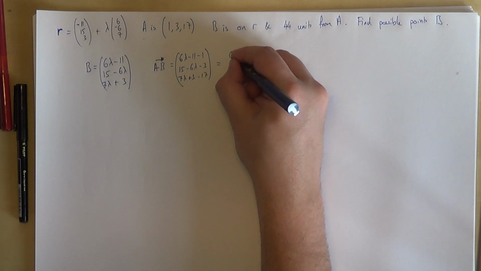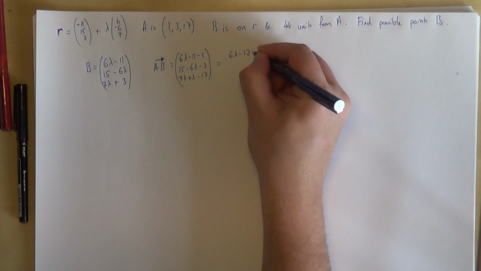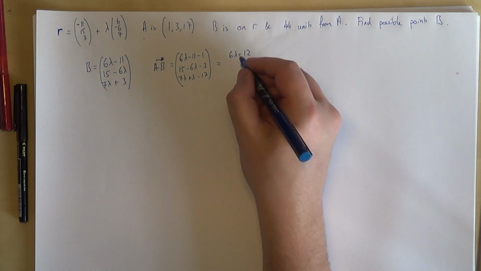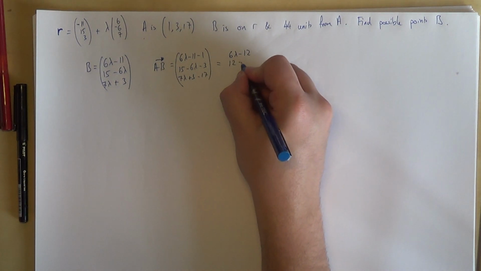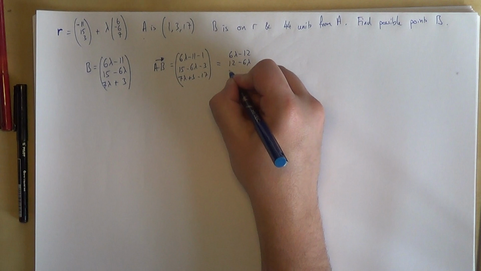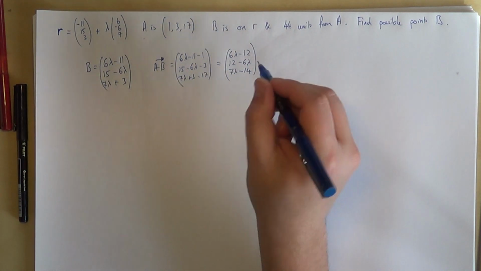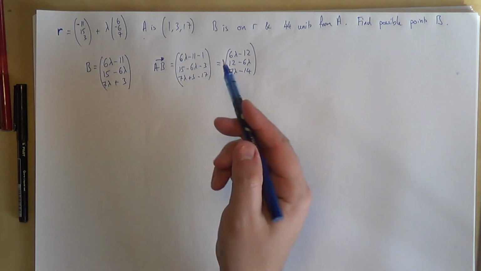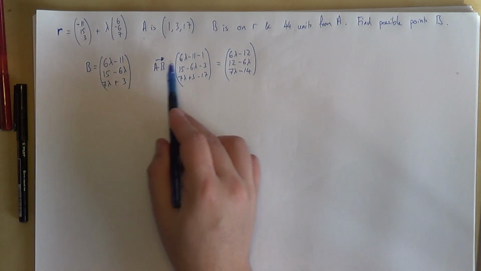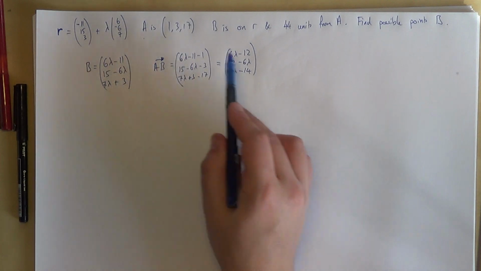And that gets us 6 lambda take 12, 12 take 6 lambda, and 7 lambda take 14. So that's the vector AB. We've done that using the coordinates of B from the line and the difference between that vector and that vector.